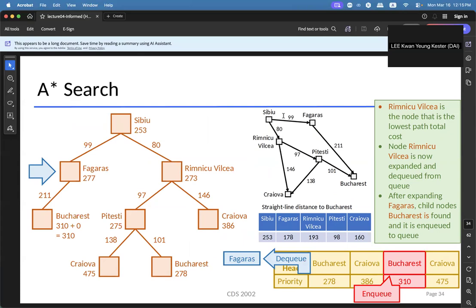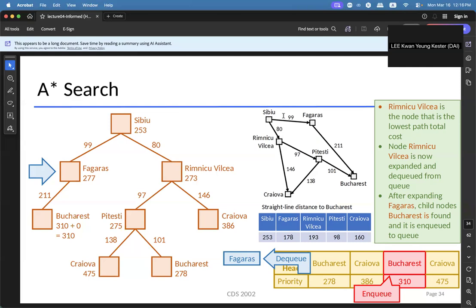In fact, you only need to remember three steps. The first step is you calculate for each terminal node: you go from the initial state, trace the path to the terminal node, and add all the path step costs together to get the path cost. For the heuristic, you use the heuristic function to get that value. Then you add the two numbers together, and that is the priority value.